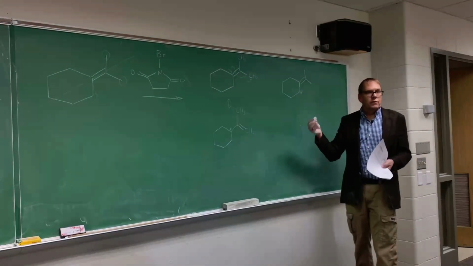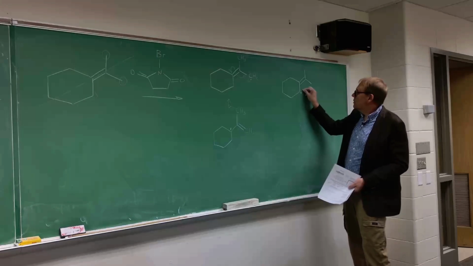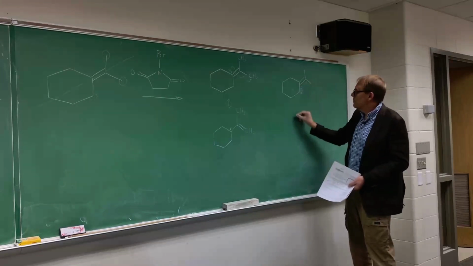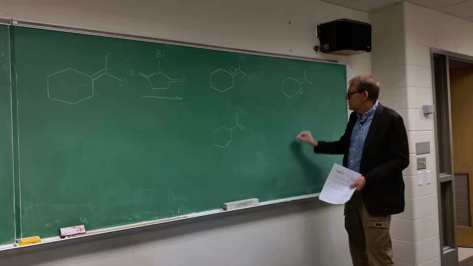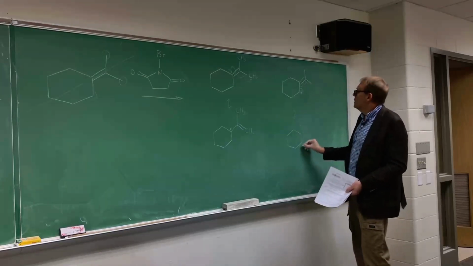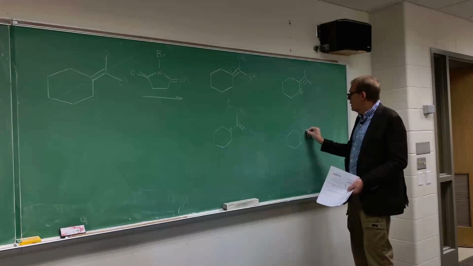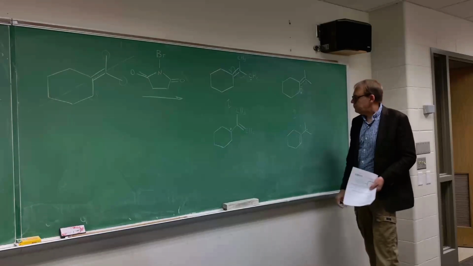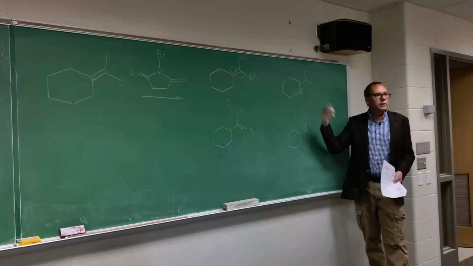And there is a resonance structure for this one. That's the thing about allylic bromination, there's always a resonance structure because it's in an allylic position. And the resonance structure for this radical looks like this, where there's a double bond there and a dot right there. So these two can also give bromides.